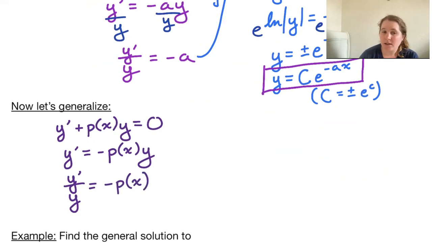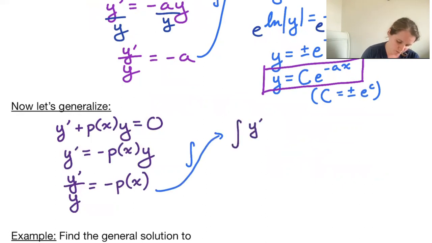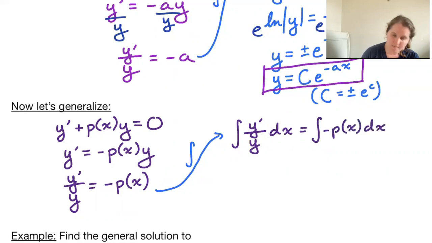Once again, we're going to integrate both sides. We wind up looking at the integral of y prime over y dx is equal to the integral of negative p of x dx. So we get the natural log of the absolute value of y is equal to negative the integral of p of x dx.